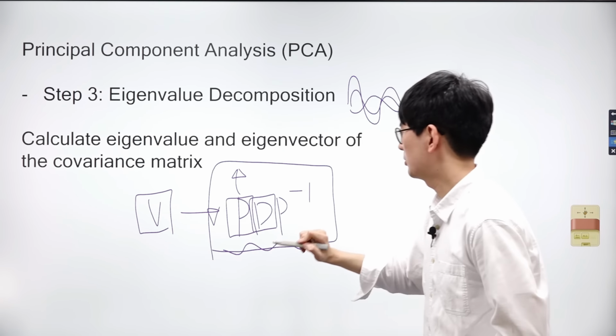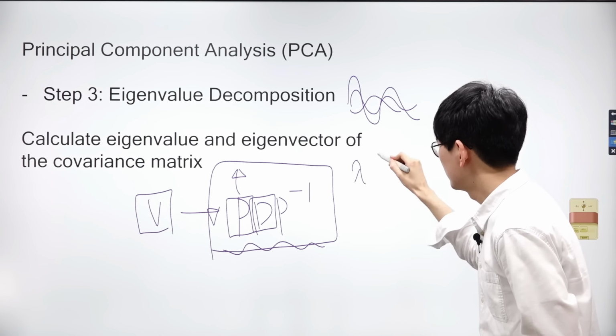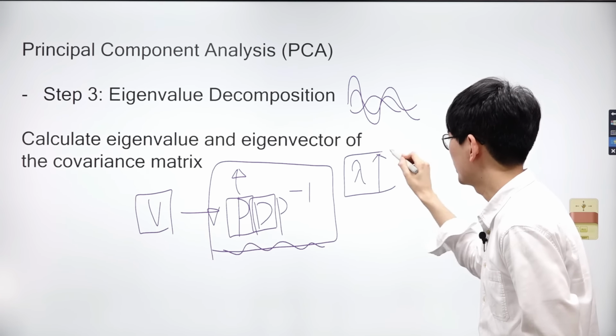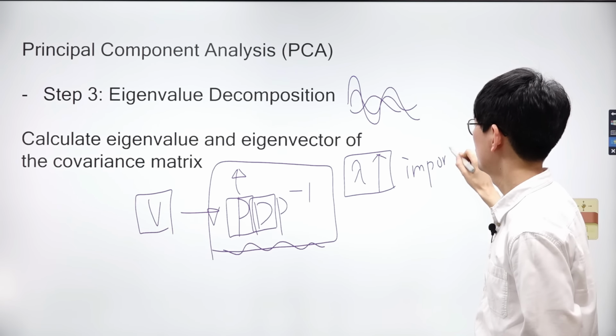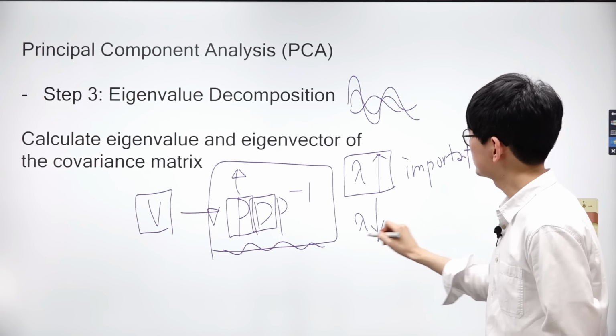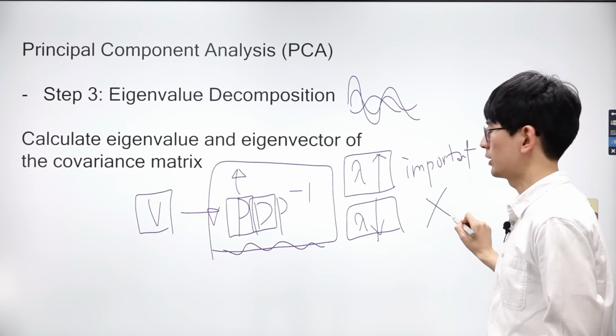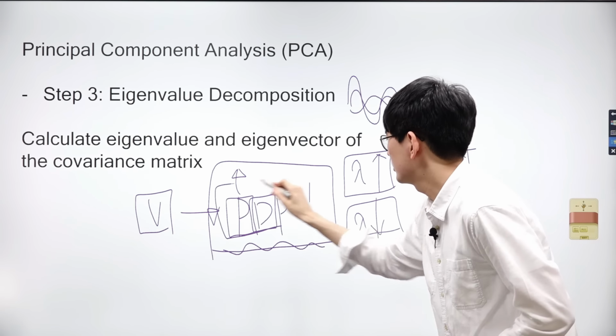Using the eigenvalues from matrix D, we can determine which data is important and which is not. A high eigenvalue signifies important data, while a low eigenvalue suggests less significance, indicating that we might consider dropping the corresponding data.